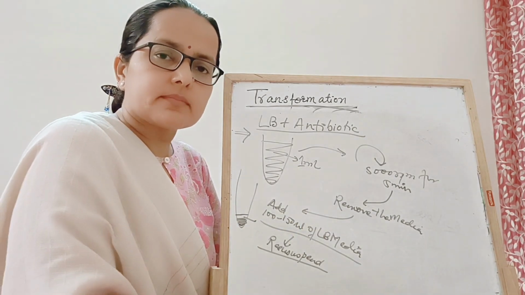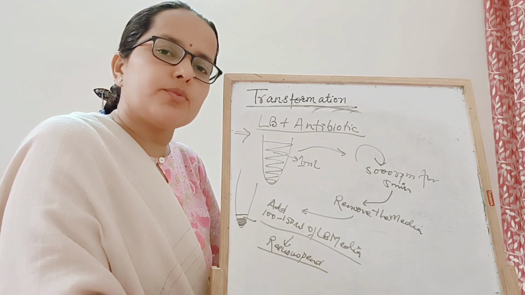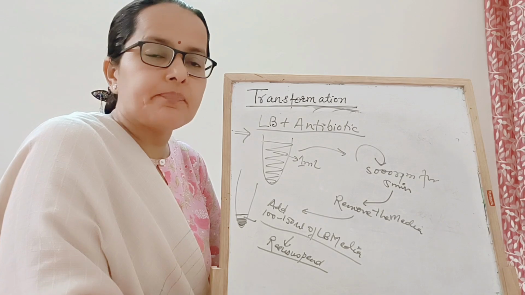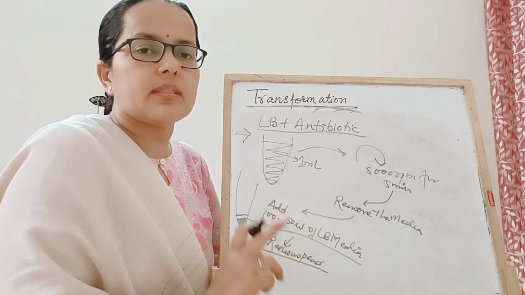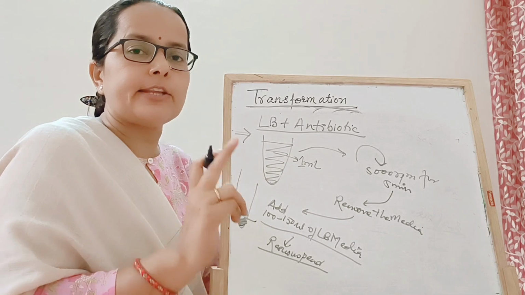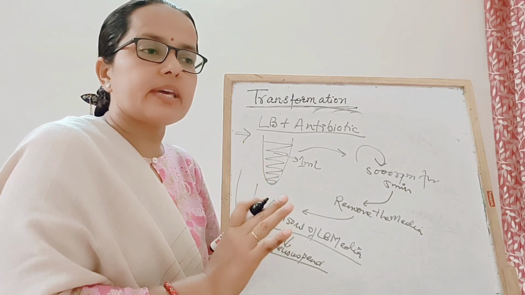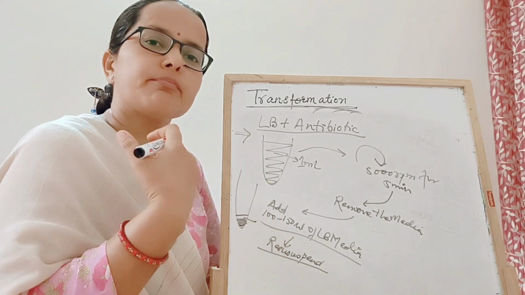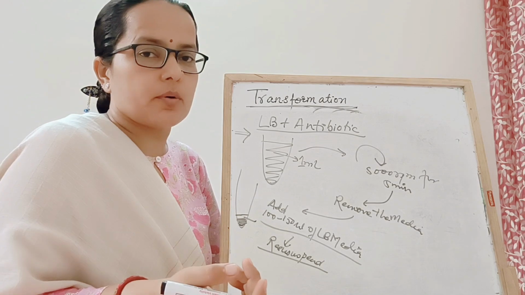There are people using two different types of spreader. You can use ready to use spreaders, that is for just one time, and you can use glass spreaders. While you are using a glass spreader, you have to sterilize your glass rod properly, otherwise you will have many contaminants in all the plates, so you will not have a successful transformation.